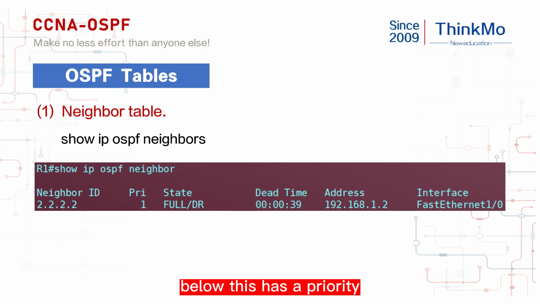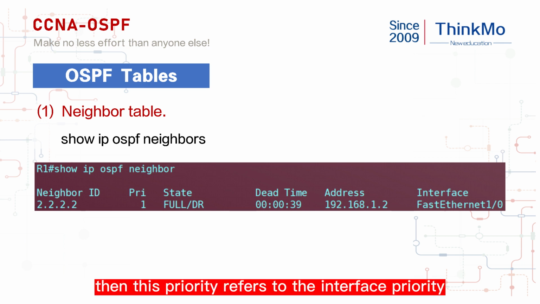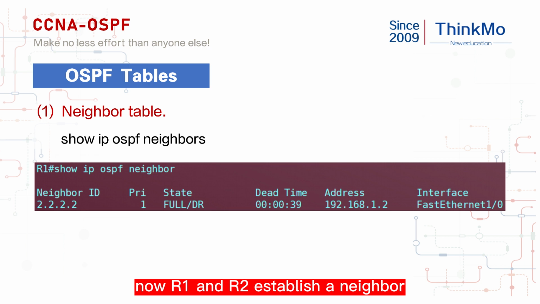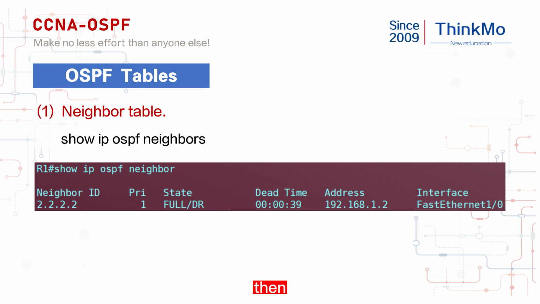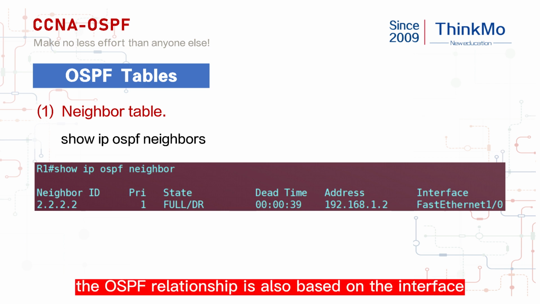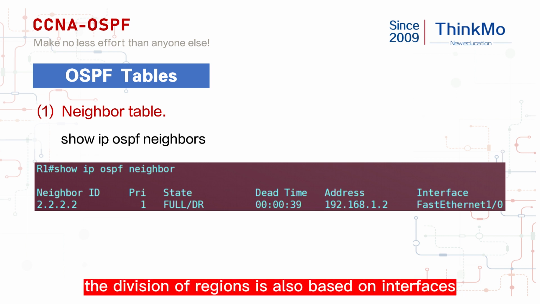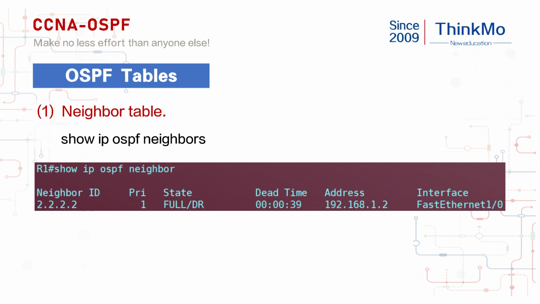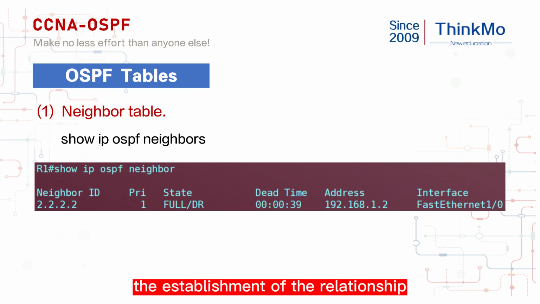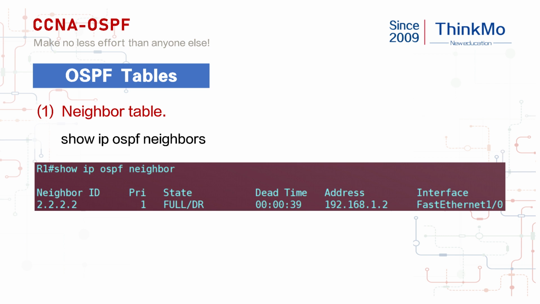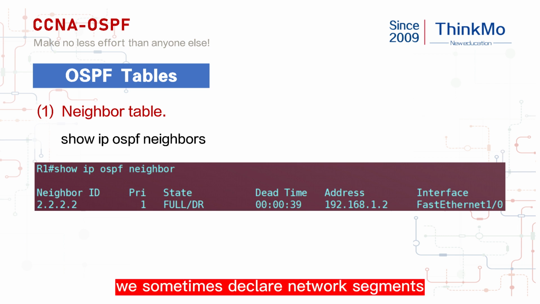Below this has a priority. This priority refers to the interface priority. That is, now R1 and R2 establish a neighbor. The OSPF relationship is also based on the interface. You will learn later that the division of regions is also based on interfaces. The establishment of the relationship is also based on the interface. We sometimes declare network segments.